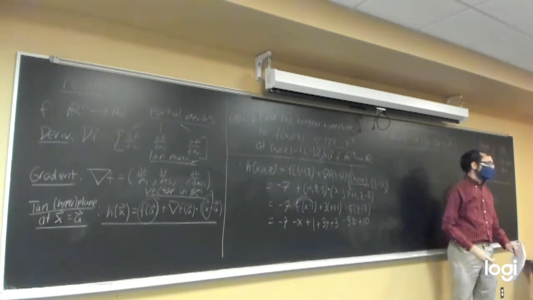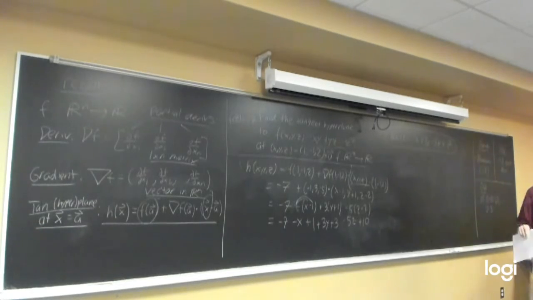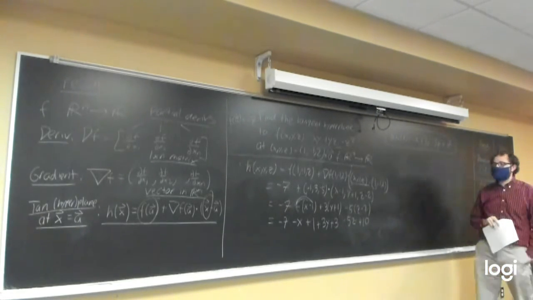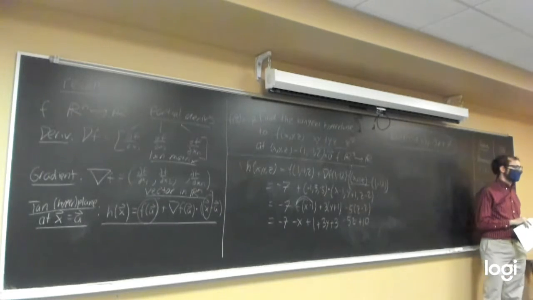There we go. That's what it's going to be. h of xyz equals negative x plus 3y minus 5z plus 7.